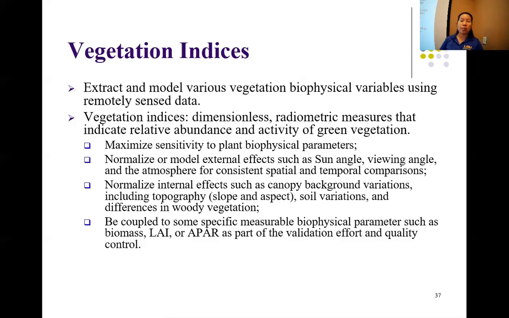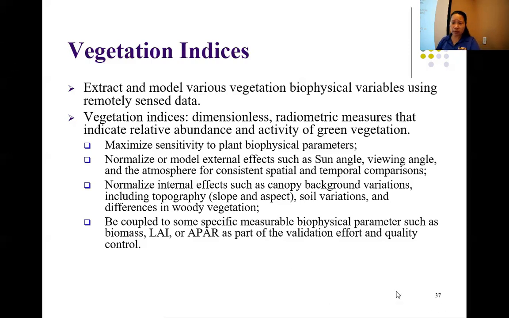They also normalize internal effects such as canopy background variations, including topography like slope and aspect, soil variation, and differences in woody vegetation. And they can be coupled to specific measurable biophysical parameters such as biomass, LAI, and APAR as part of the validation effort and quality control.